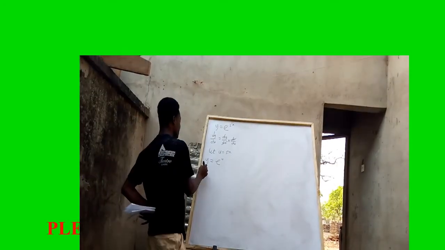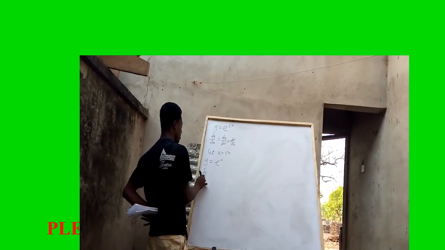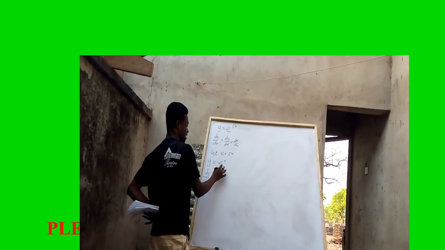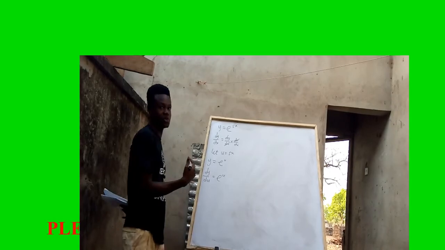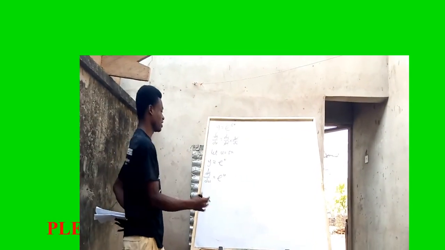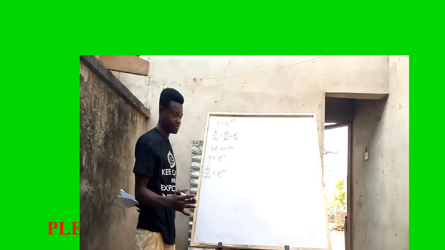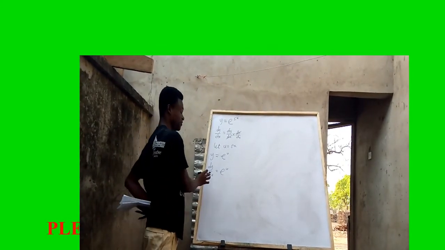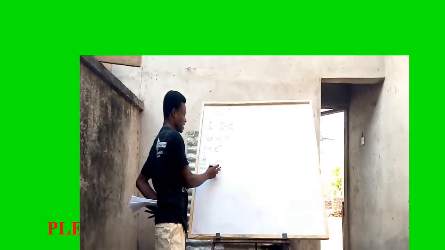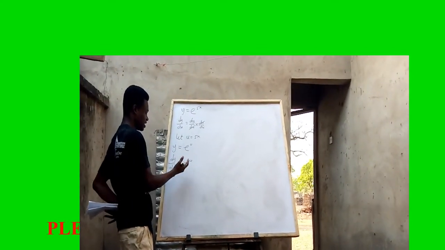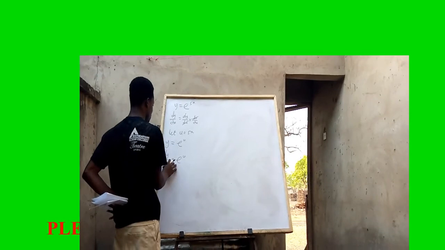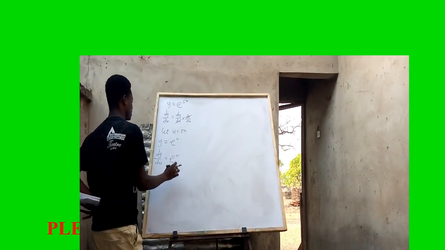Then dy over du is equal to e raised to the power u. When I differentiate e raised to the power u, I'll get e raised to the power u. That one should be in our mind. That's standard differentiation. When I differentiate this one, I'll get the same thing. So dy over du is equal to this.